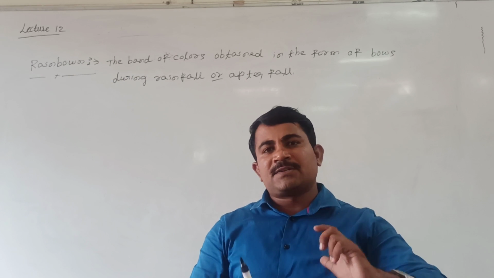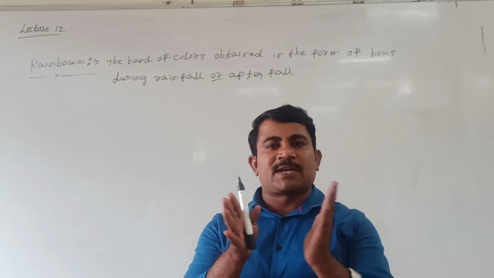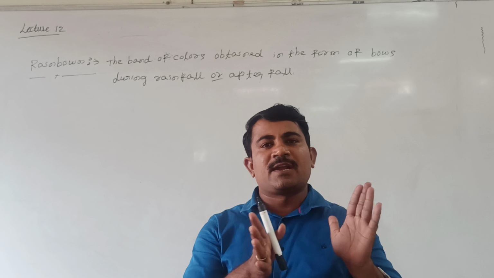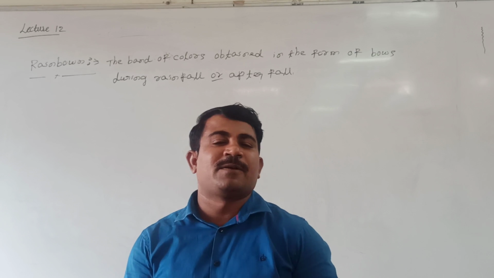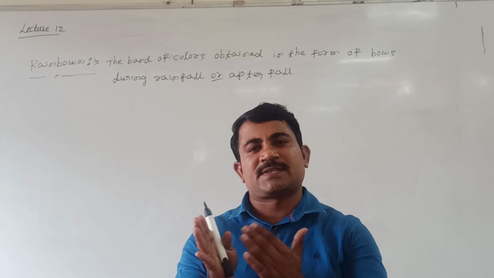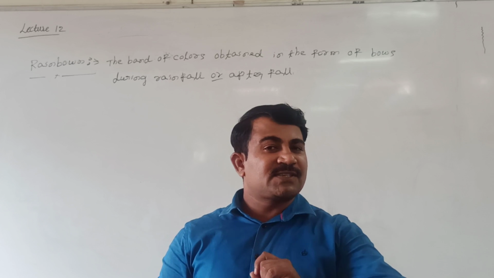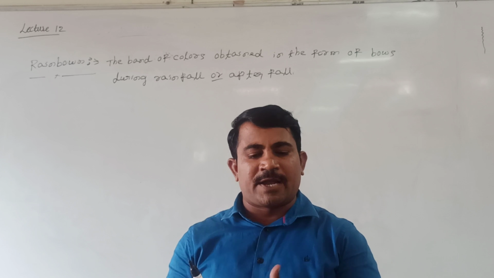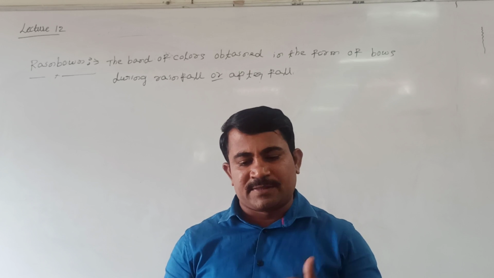This rainbow mainly consists of 7 colors. The rainbow is again classified into 2 categories, one we are calling primary rainbow, second one we are calling secondary rainbow. Let us discuss how primary rainbow can be obtained and how secondary rainbow can be obtained, that we will see now.